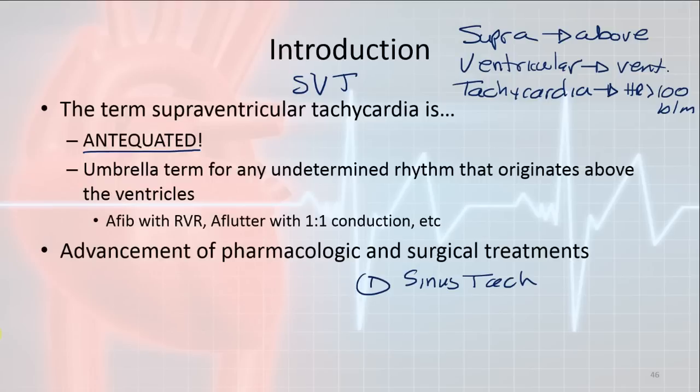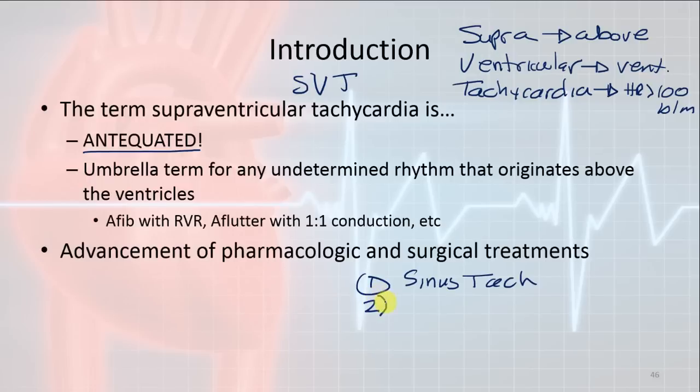So we're going to go ahead and discuss all of the different SVTs. The first thing I want to do is list each one of the SVTs. And I'm not going to have room to do this, so we'll just kind of squeeze it in here. The first most common, and this is in the order of frequency, in order of how often they occur, the most common supraventricular tachycardia, sinus tach.